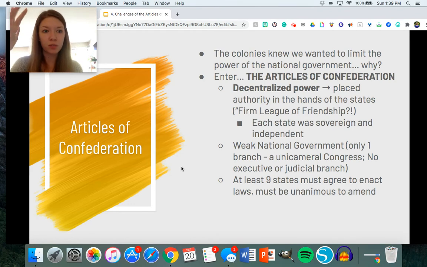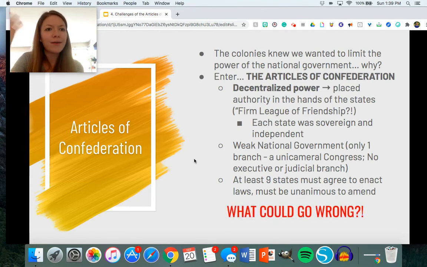That's almost impossible, it feels like. I've been there with you guys. Now imagine that it's not deciding something like where to eat. It's how are we going to amend the document that governs our country, right? And you have all of these different interests. So that is going to lead to its own set of problems, right? So based on all of this, what could possibly go wrong? I wonder.